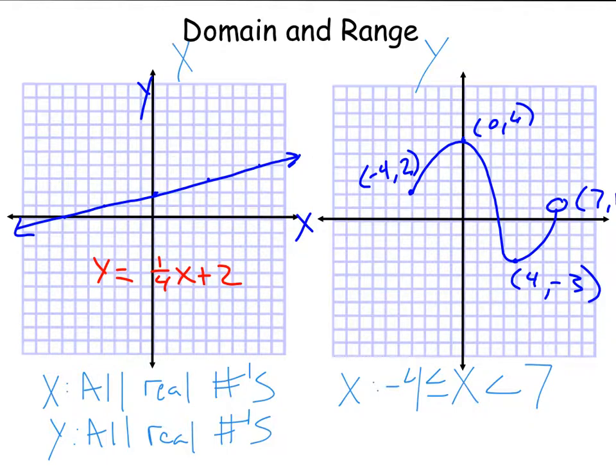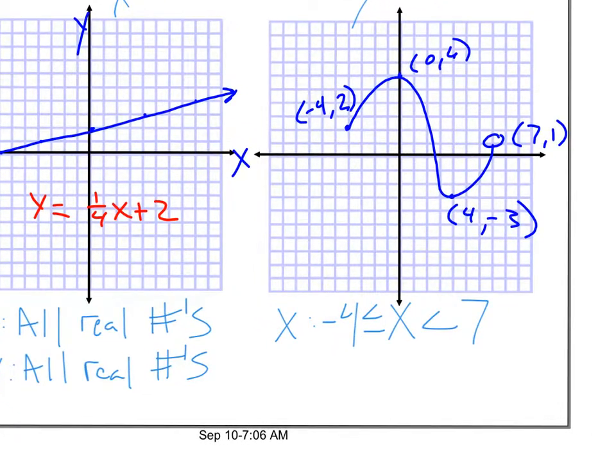That's the biggest it could possibly be, sort of, because it doesn't actually include 7. It could approach 7, so 6.9 could be in my domain, 6.99, 6.999999. Okay, throw on as many 9s as you want, and you're still in the domain, but once I jump to 7, I'm now saying that I'm out.